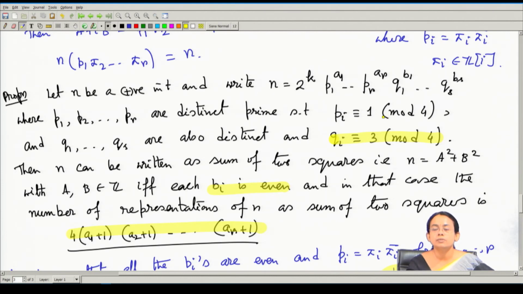This is one of the interesting questions that we were able to answer using the concept of ring theory, applying the factorization technique in the ring of Gaussian integers. Those who are interested in number theory can see that the ring of Gaussian integers Z[i] plays an important role in answering many questions in number theory.